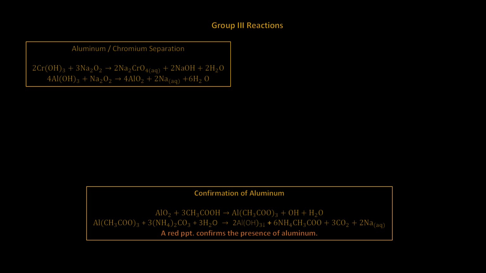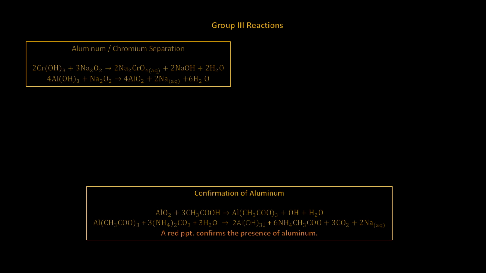The aluminum and chromate will form a soluble metallic complex with the sodium, as well as a soluble aluminum oxide complex. Adding acetic acid to the solution combines with the aluminum oxide, forming aluminum acetate. Adding ammonium carbonate precipitates a red-colored precipitate confirming the presence of aluminum in the sample.